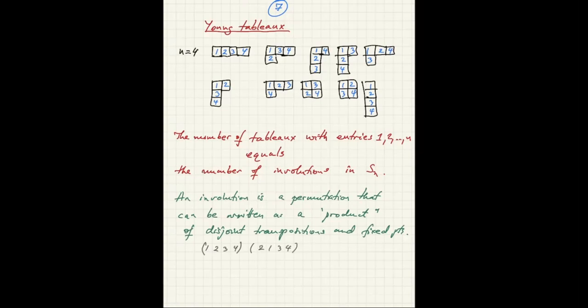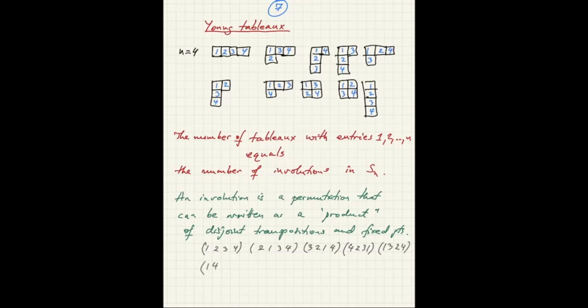That's a product of the two transpositions (2 1) and (3 4), which are disjoint. The next one is 3, 2, 1, 4. So here, this is just the transposition (1 3), and 2 and 4 are fixed points, and so on. So 4, 2, 3, 1. Here it's the transposition (1 4), and then 2 and 3 are fixed points, and so on.